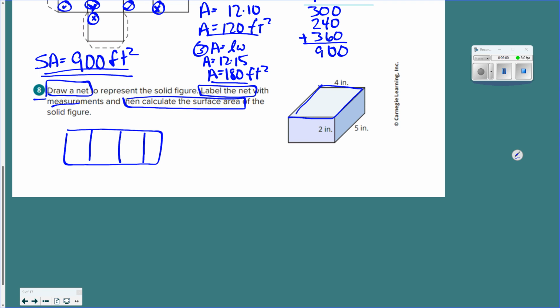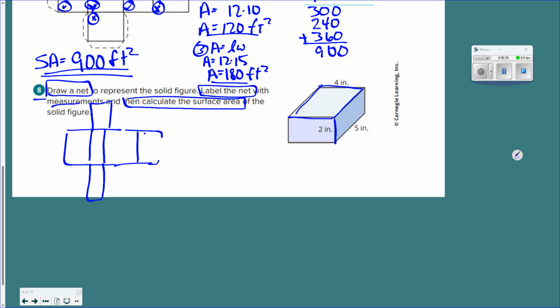And then I can draw this one on the side. I did that wrong. It's going to be a 4 by 2 by a 4 by 2. And then on the side is going to be 2 by 5. So you do those at any place. I could have done it on the 5 or on the 2. The way I drew it, I drew this one different than last time.